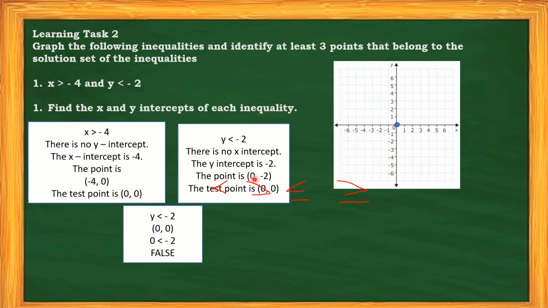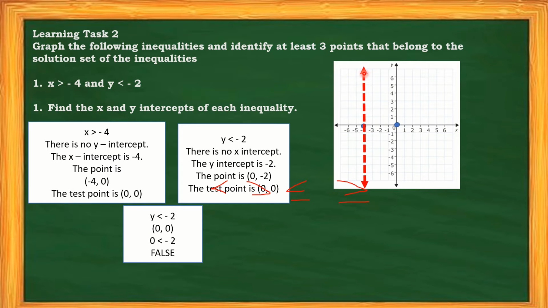Let us now graph the two inequalities. Let us have the first one. Our point is -4 and 0. It is here. When the inequality looks like this, the graph is just like this.